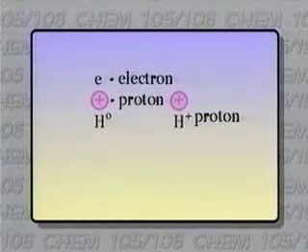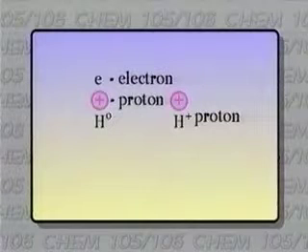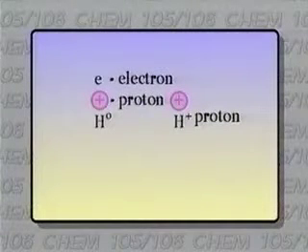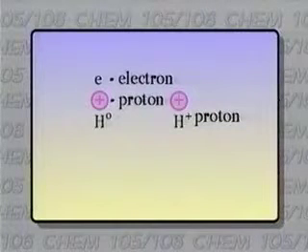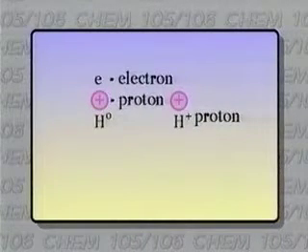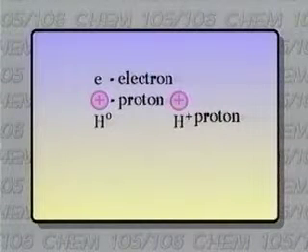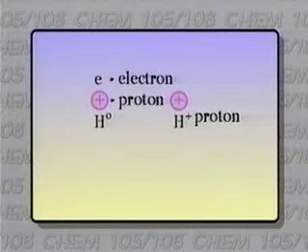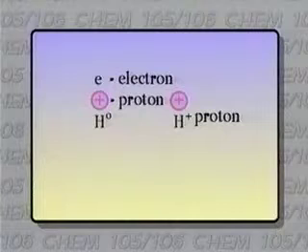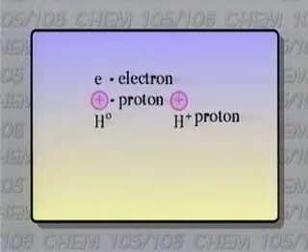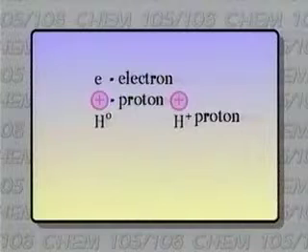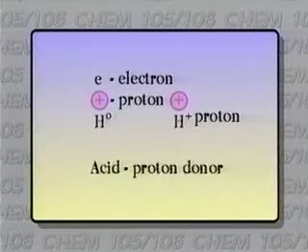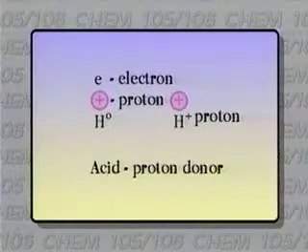Now, what Bronsted and Lowry said then, when we put something with an ionizable hydrogen into the water, if it's acting as an acid, that proton must be given to something, must be given to the water molecule, must be given to something in there. And so they decided to define an acid as anything that was a proton donor.